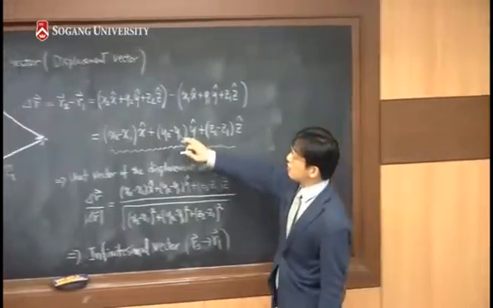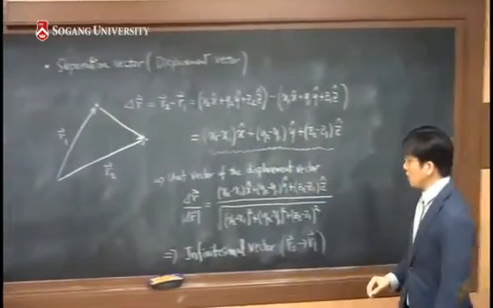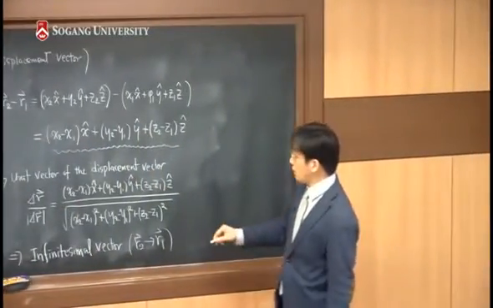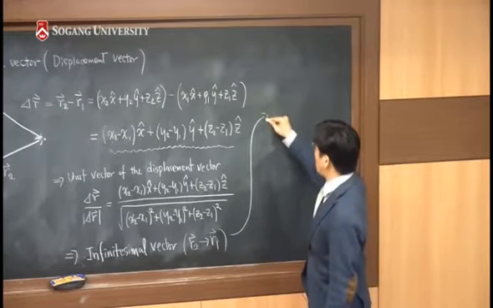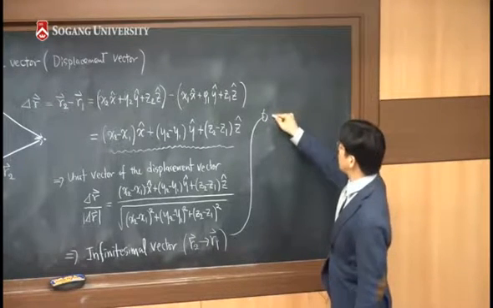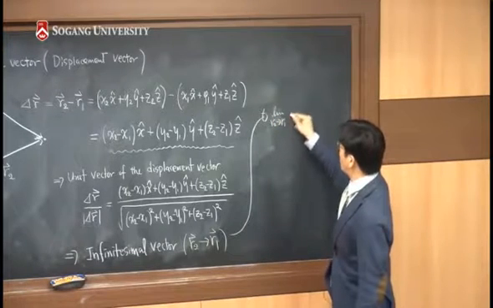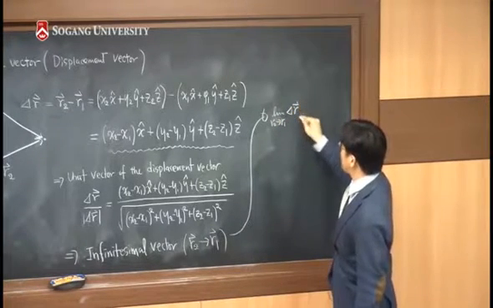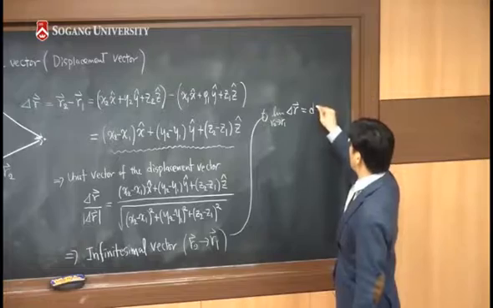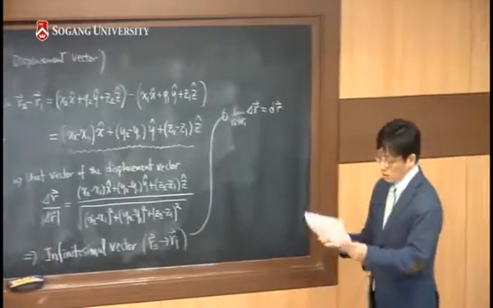Then this displacement vector becomes an infinitesimal position vector. So in the limit R2 goes to R1, the displacement vector will become an infinitesimal vector like this.